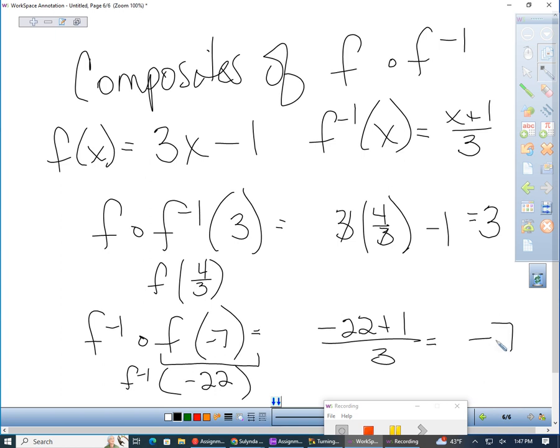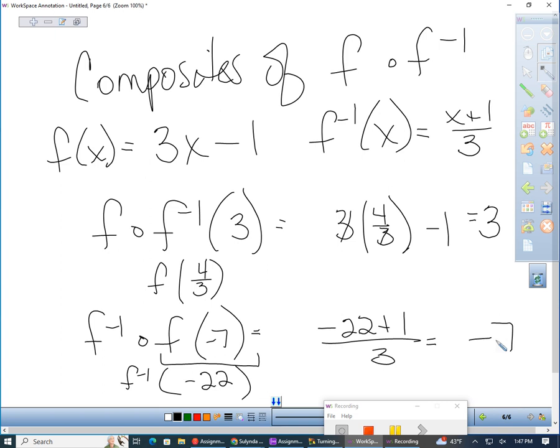Negative 7. Are you noticing something about crossing a function with its inverse? Yes. That's what I wanted you to notice. Anytime you cross a function with its inverse, when it's composite like this, whatever you put in, you get out. Whatever you put in, you get out.